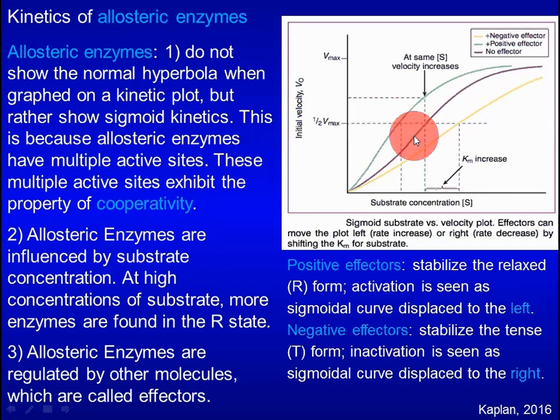For example, a positive effector stabilizes the relaxed, or R, form. Activation is seen as the sigmoidal curve shifts to the left. A negative effector stabilizes the tense, or T, form. Inactivation is seen as the sigmoidal curve shifts to the right.